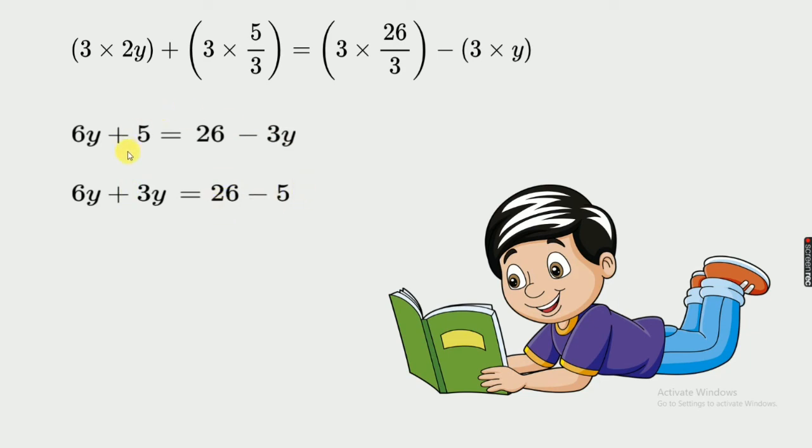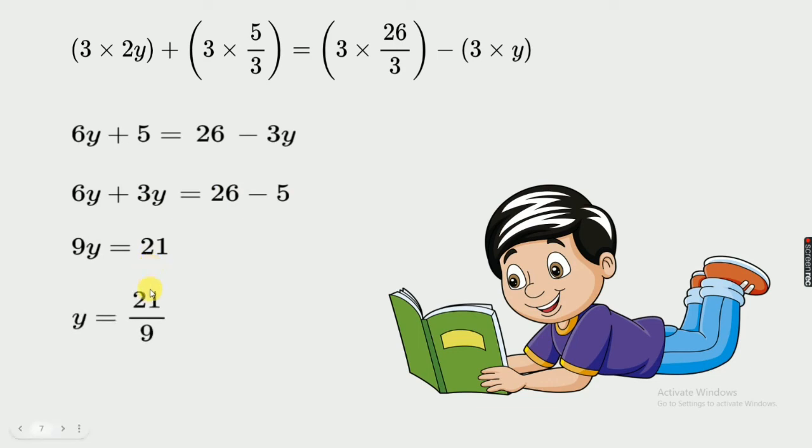Okay, 26 minus 5. 5 was in positive sign, but when we shifted it to the other side, it becomes minus 5. So 6y plus 3y is equal to 9y, and 26 minus 5 is equal to 21.